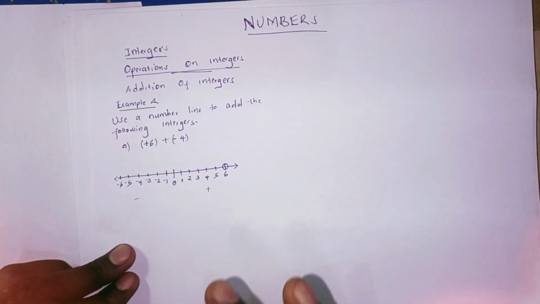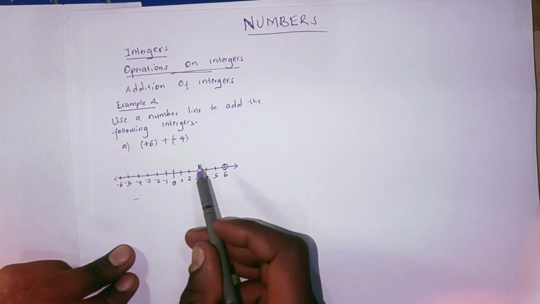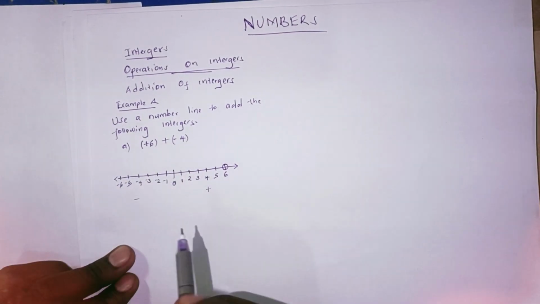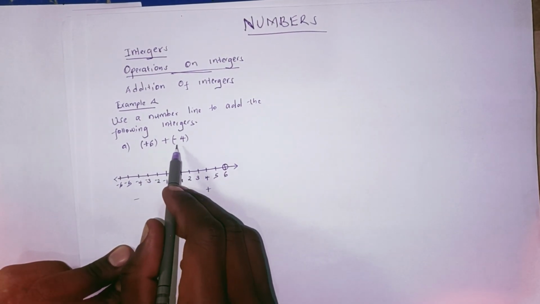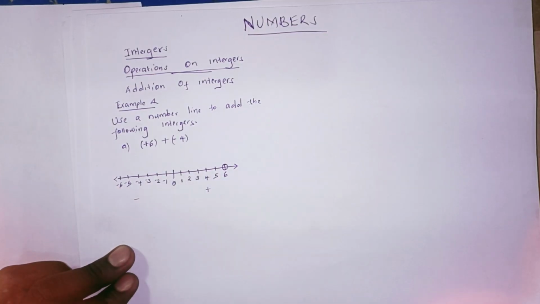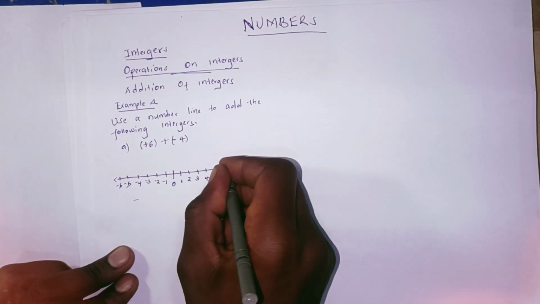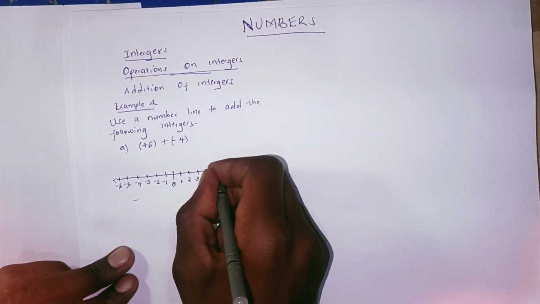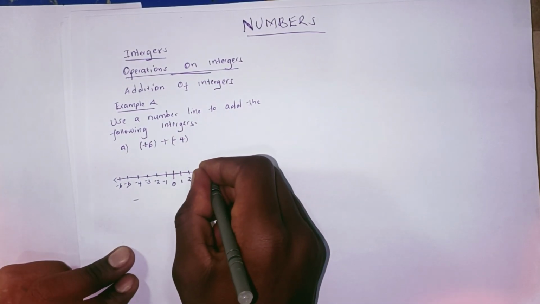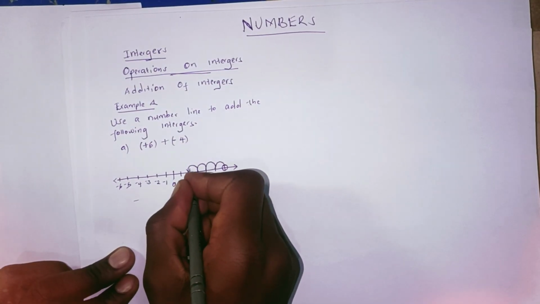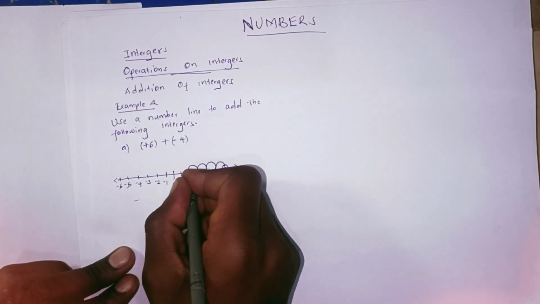I'll stand on the positives, then I'll move 4 steps to the left. When you see the negative, it means you have to move 4 steps to the left, towards this side. So I'll move 4 steps. This is step number 1, then 2, then 3, then 4. Here, this is the answer.